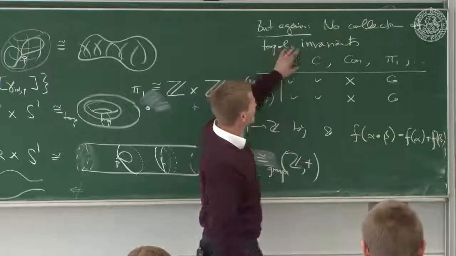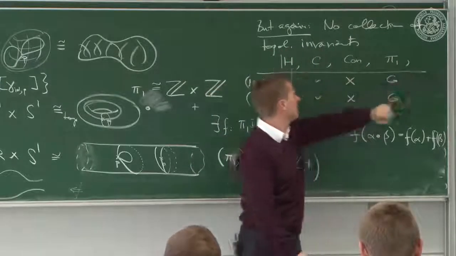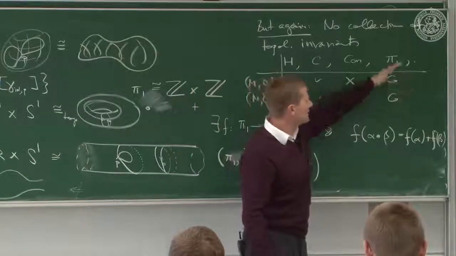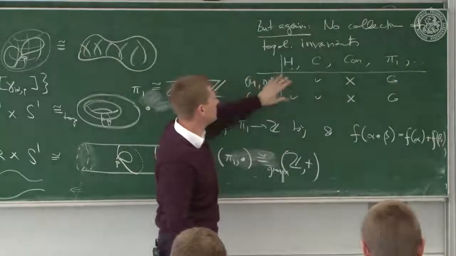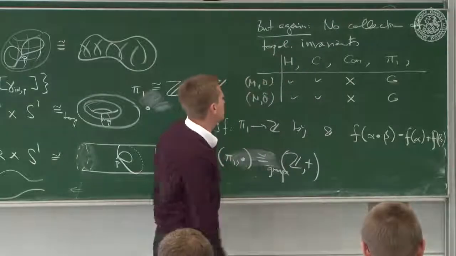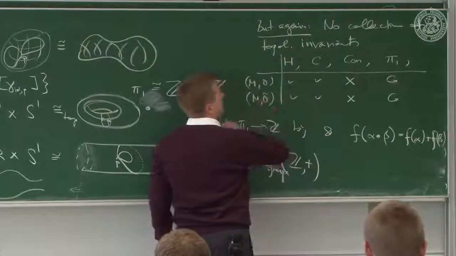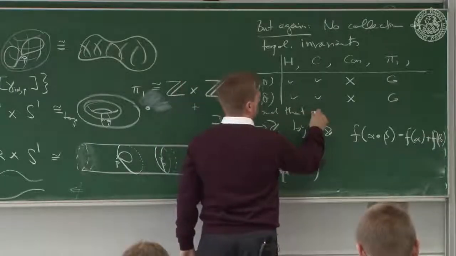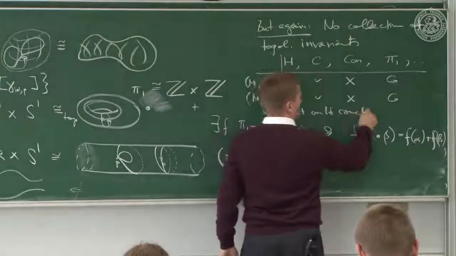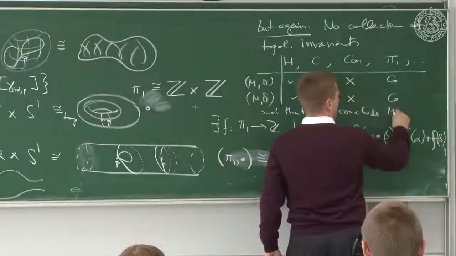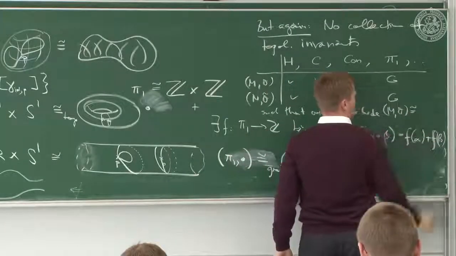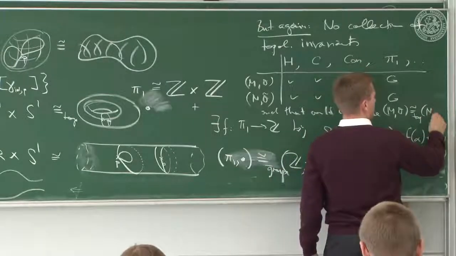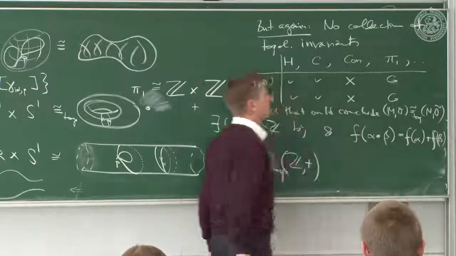So no such list is known, such that if you check for two spaces that the spaces agree on all the properties, you could conclude that M is topologically isomorphic, so it's homeomorphic, to N twiddle.